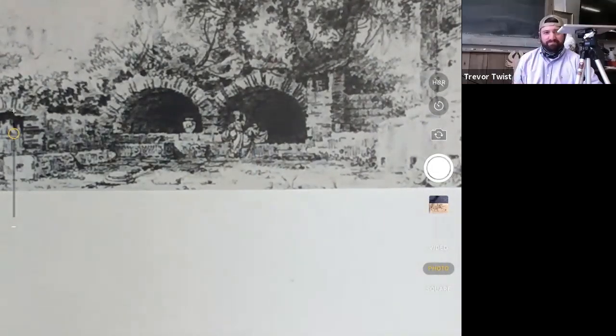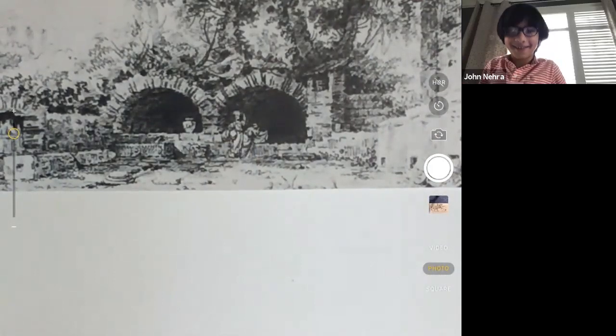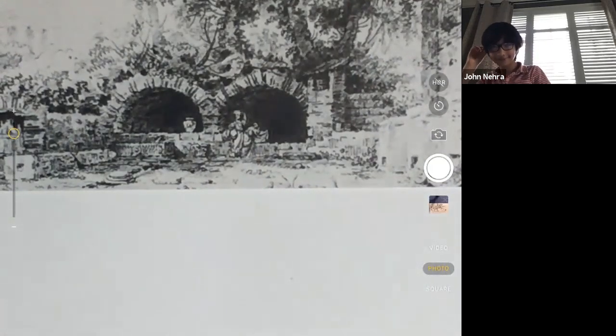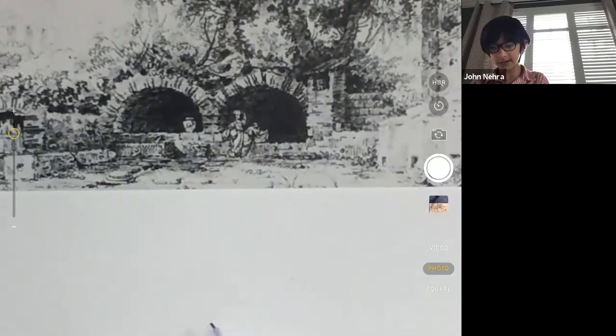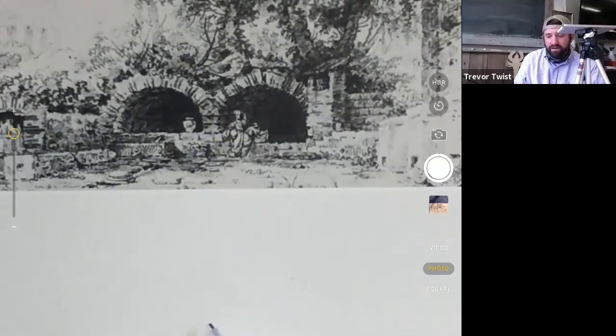It's a shocker, but I'm so glad. So, does Mr. Twist know how to take photos so I can see your work? I had to stop the share and then take photos off the screen.